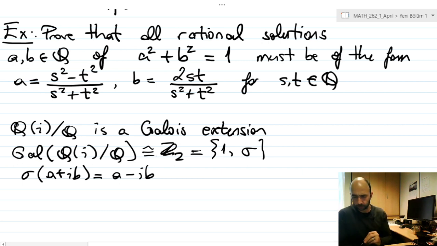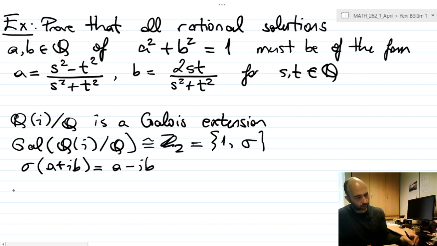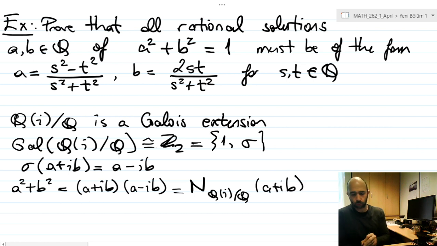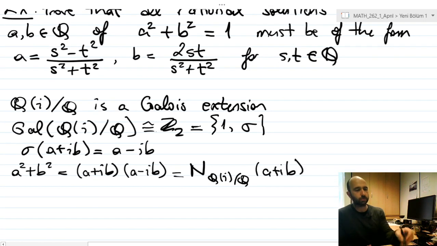Okay. Now, a squared plus b squared is, of course, a plus ib times a minus ib. So it is nothing but the norm of a plus ib, right? So a squared plus b squared equals 1.